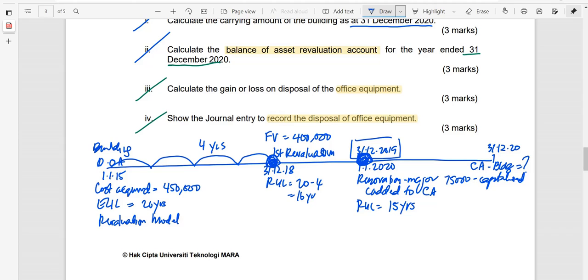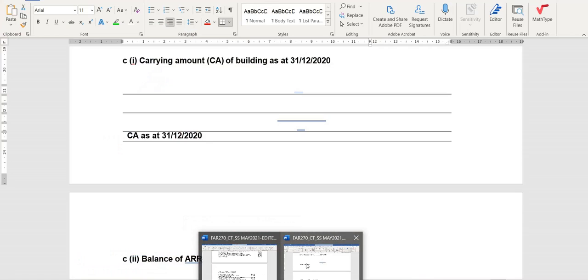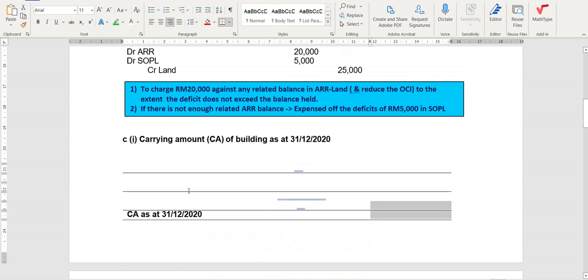What we can do is, as you can see, I've already prepared the workings for you. First, you are going to find out the carrying amount as at 31st of December 2020.